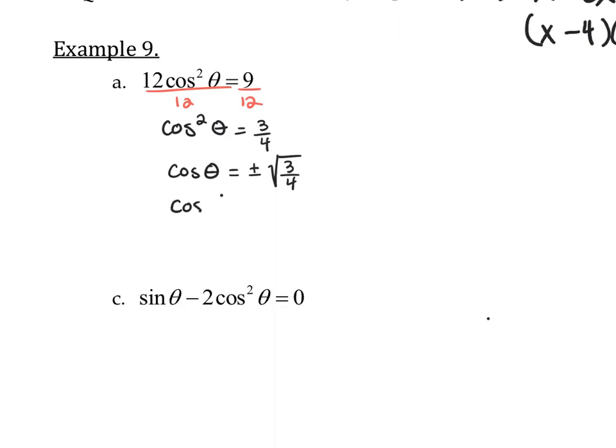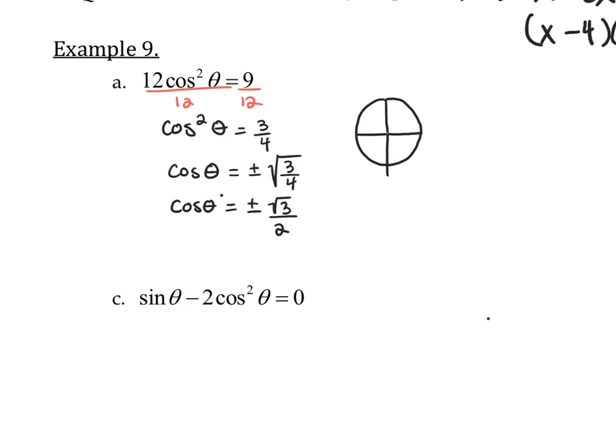In this case, I need to keep on going. And I need to take the square root of the top and the square root of the bottom. So I want to know where is the cosine of theta plus or minus square root of 3 over 2. Okay, so I know that the cosine is negative root 3 over 2. Actually, let's start with positive.